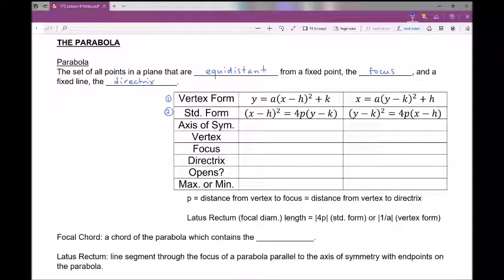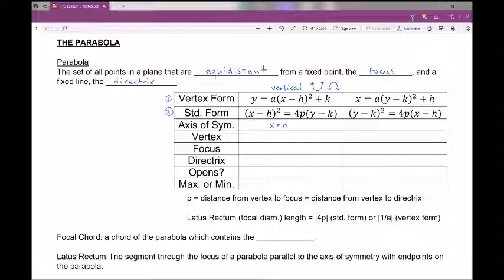We also have what's called an axis of symmetry, which is the line that cuts through the center of the parabola. All of the equations on the left side will be for a vertical parabola, those that look like that or like that. The axis of symmetry here is going to be some constant value of x, equal to the x-coordinate of the vertex.